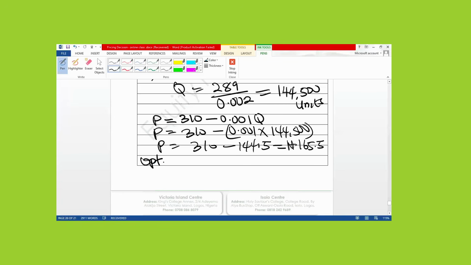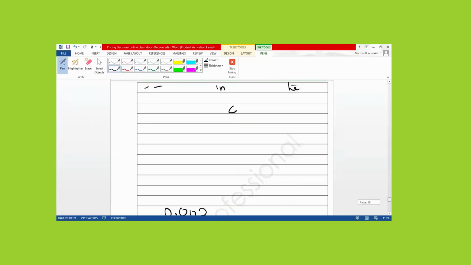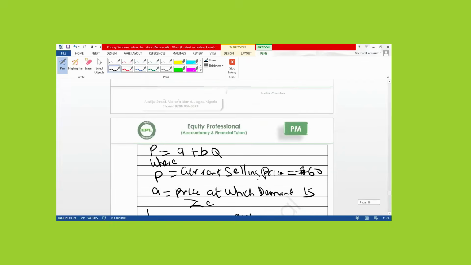Your optimum selling price is 165 naira 50 kobo. That is the selling price at which we are going to get the highest profit.